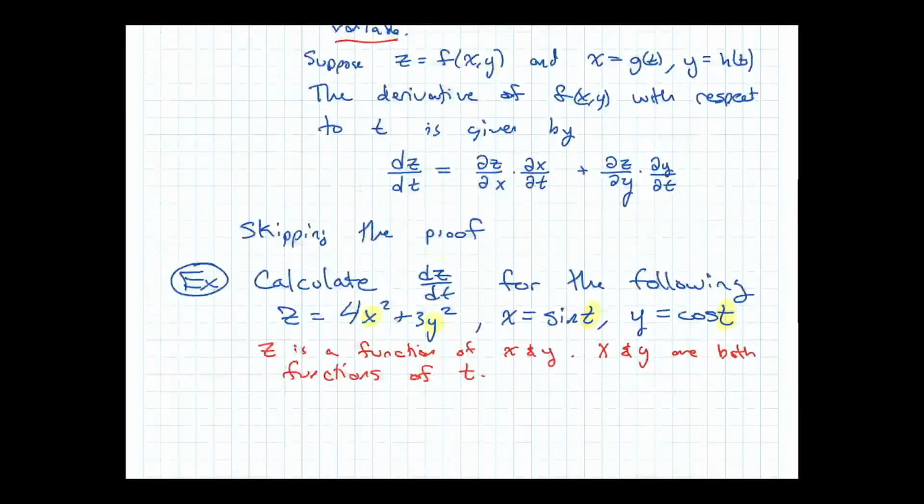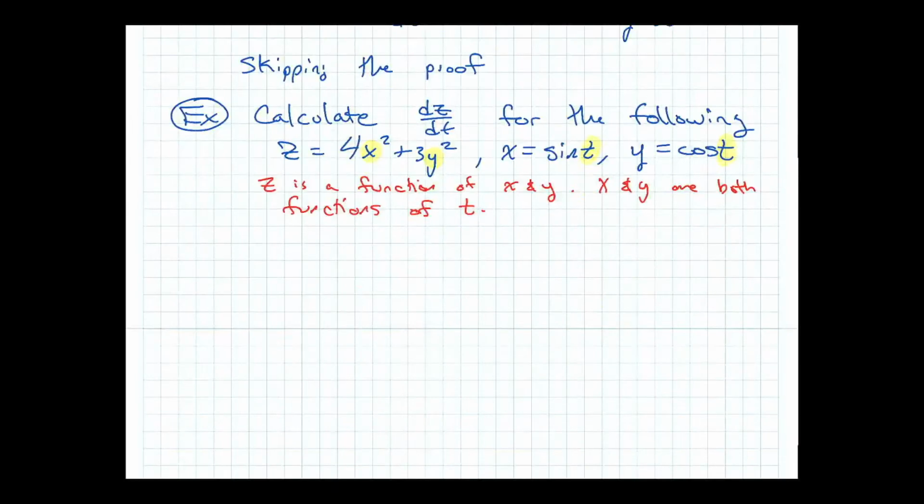So in this case, if z depends on x and y, and x and y depend on t, t is the only one that you get to pick. And so that is what we call the independent variable. The independent variable is t. Okay, so that's just a comment. And then let's get going.